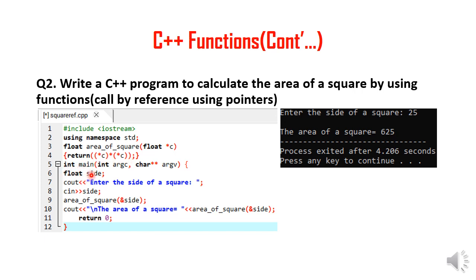Inside the main function, we have to declare a variable because we want this program to calculate the area of any square.